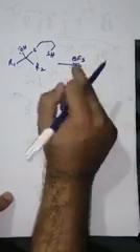What happens next again? This BF3 acts as a Lewis acid. Oxygen will donate a pair of electrons to this boron. Oxygen will get a positive charge. Boron will get a negative charge, like this.